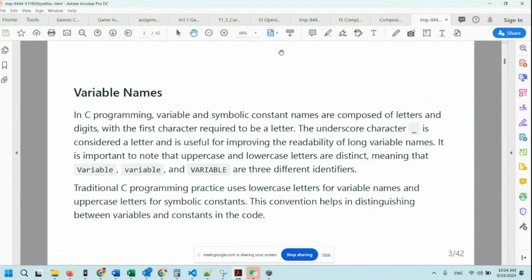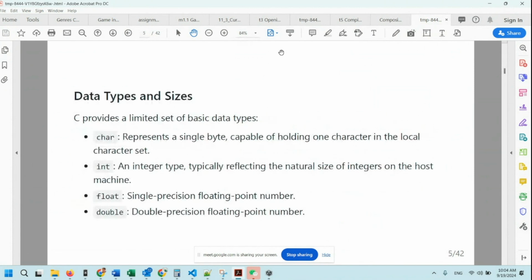So we have talked about different requirements for deciding a variable name, such as you have to start with a letter or underscore. Underscore is also considered a letter in this case. Different data types and their size.